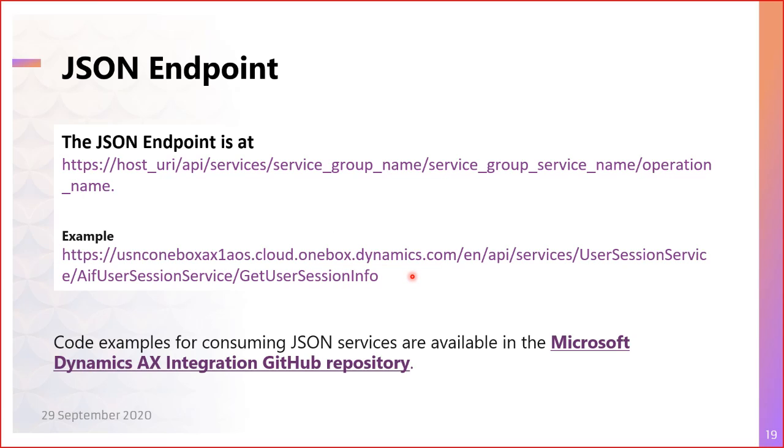It returns in a JSON format, and you can write it back into any other external application you want to. You can use that JSON format anywhere. There is a GitHub repository available which has a complete code example of how to write the JSON endpoint, how to create a custom web service and how to use it.